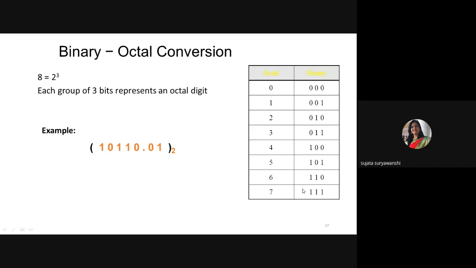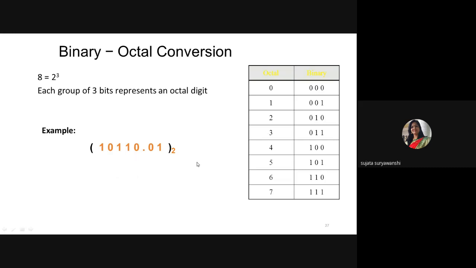You have to learn these numbers, and also for decimal numbers 0 to 15, you have to learn the equivalent binary numbers, because we will use those equivalent binary numbers to solve your assignments.